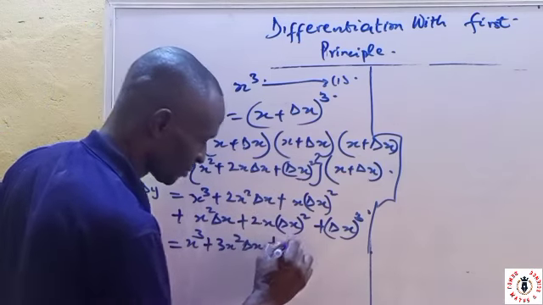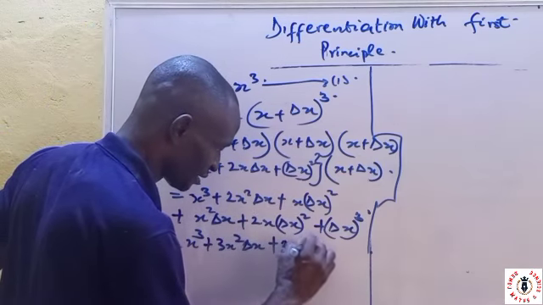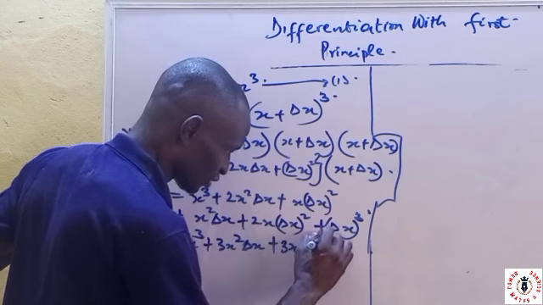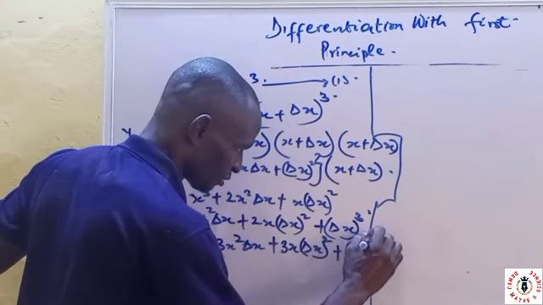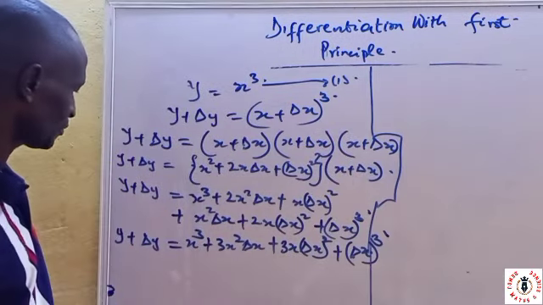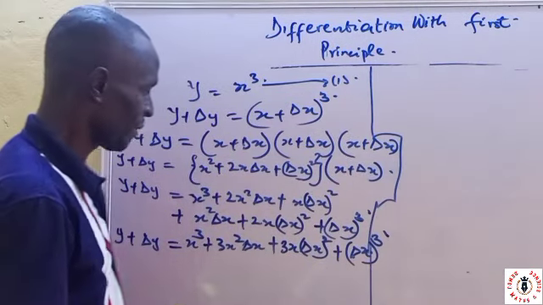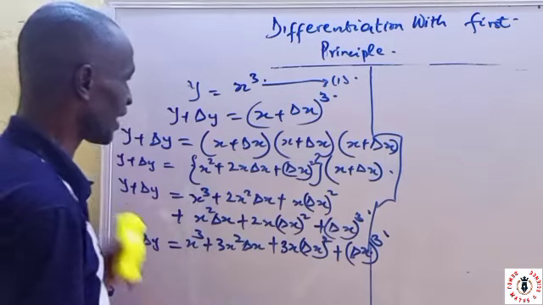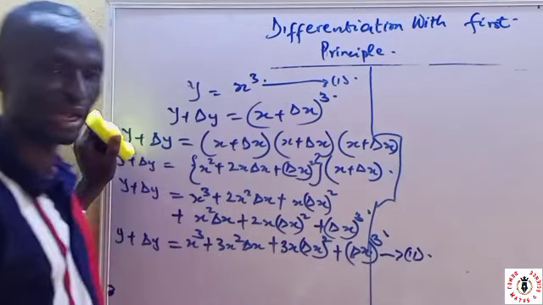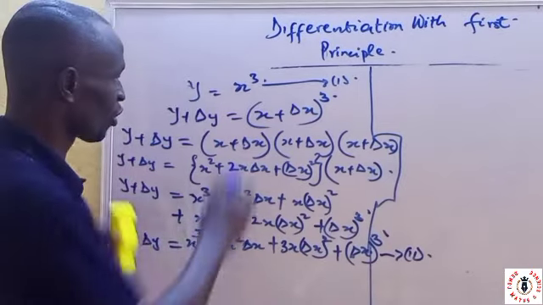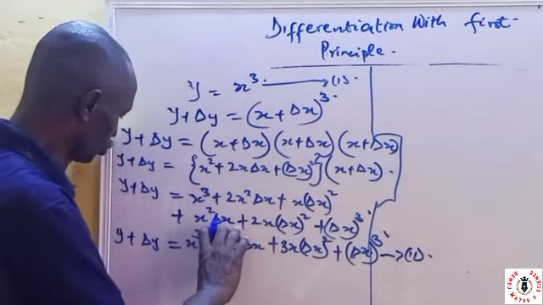I have this plus this becomes another 3x change in x raised to power 2 plus change in x raised to power 3. Now, remember that we're going to divide. This is our equation 2. We're going to subtract equation 1 from equation 2.